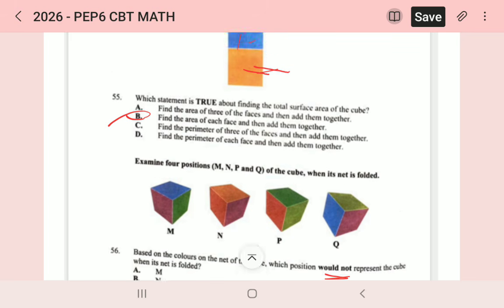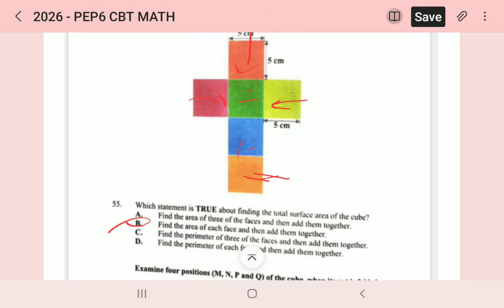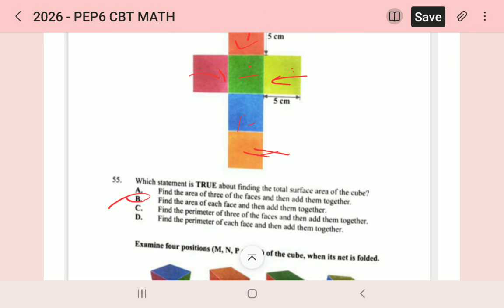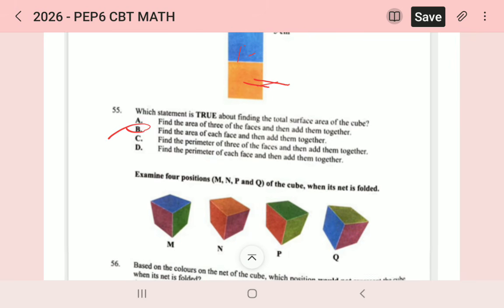All right, so if they put the blue at the top, it means that the green is going to become a side. So if blue is at the top, green is going to be at the bottom.